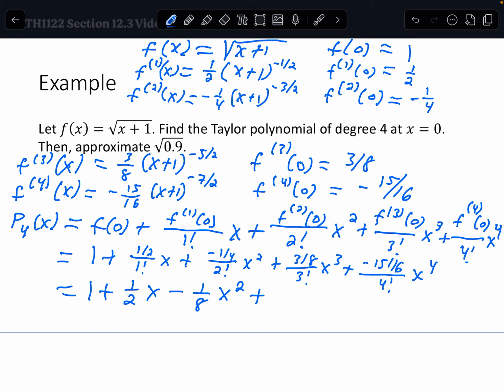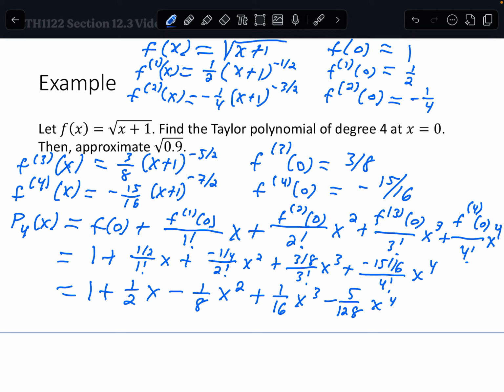So 3/8 divided by 6 gives us a value of 1/16 x cubed, minus 15/16 divided by 4 factorial. So that's negative 15/16 divided by 24. That gives us a value of negative 5/128 times x to the 4th power.